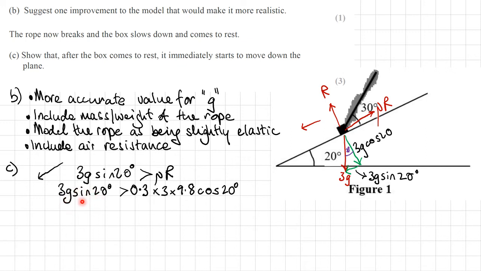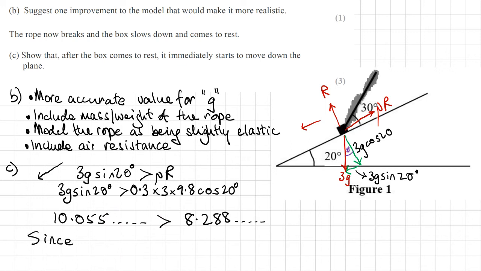Now 3G sin 20 works out to be 10.055 and so on. Then we'll work out the other side, the mu R, and that's 8.288 and so on.